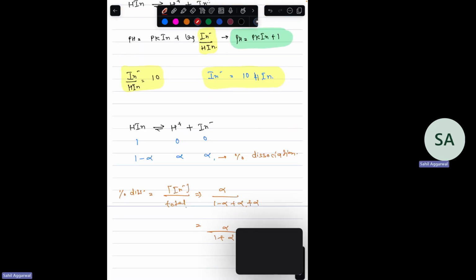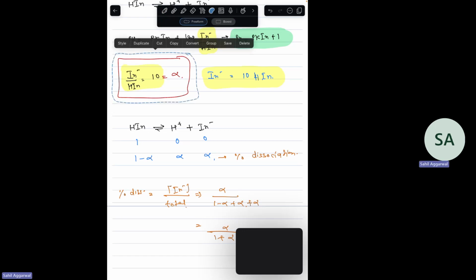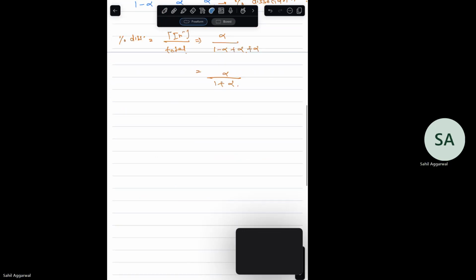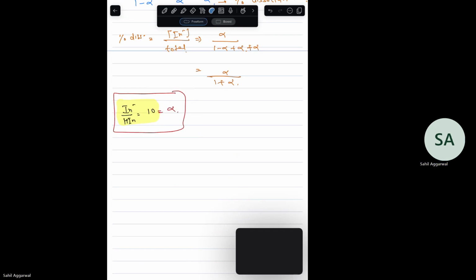Alpha is given in the question. This is alpha, concentration of IN minus divided by concentration of HIN. This part is alpha. So we'll put 10 upon 10 plus 1 into 100 for percentage dissociation.